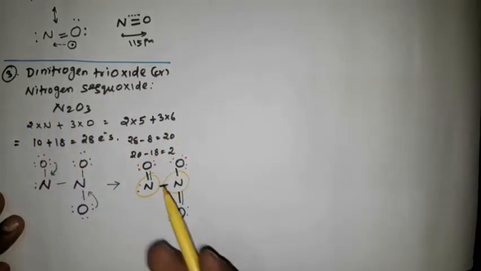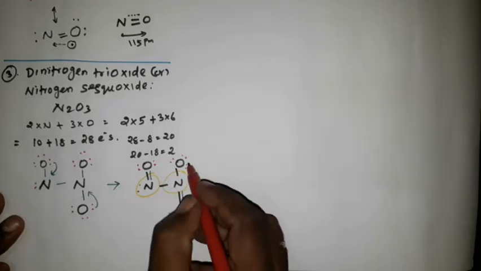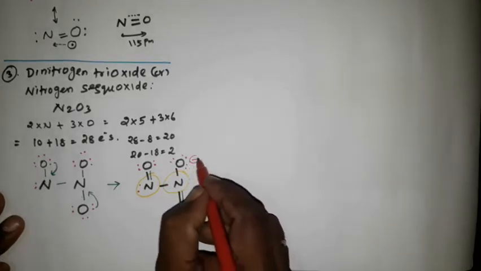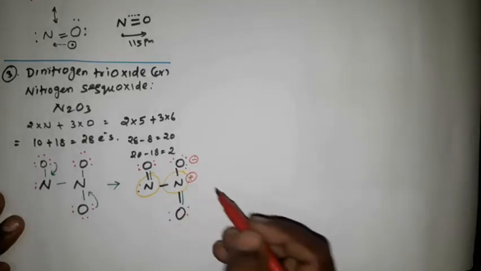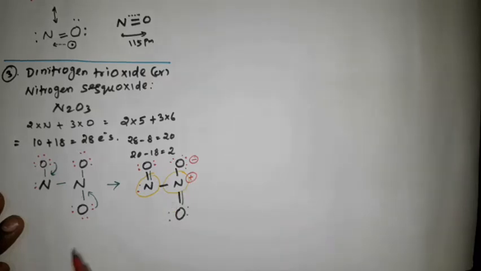So apply this formal charge. When you apply formal charge, this oxygen will get negative charge and this nitrogen will get positive charge. Okay. That resonance structure for this, it can come like this.